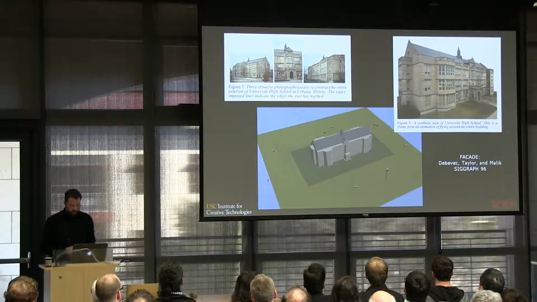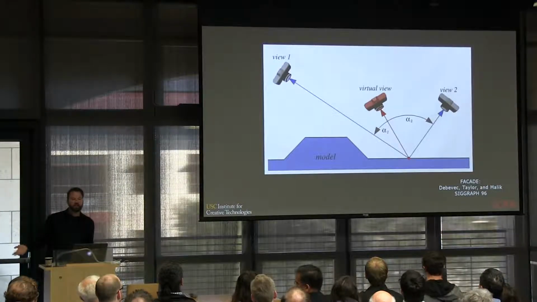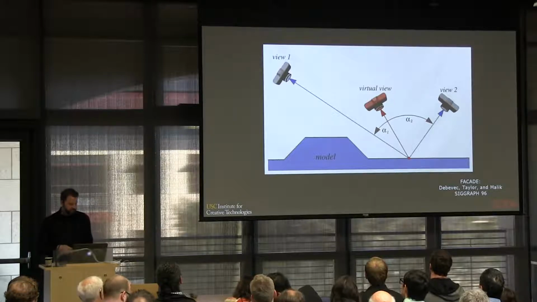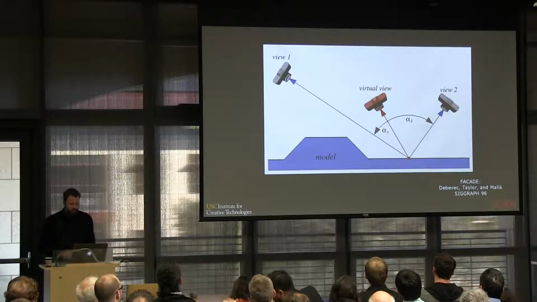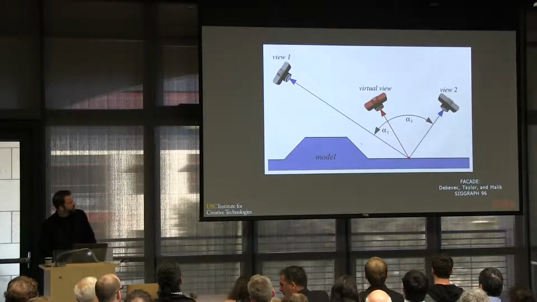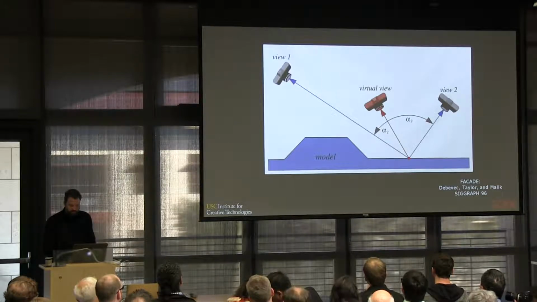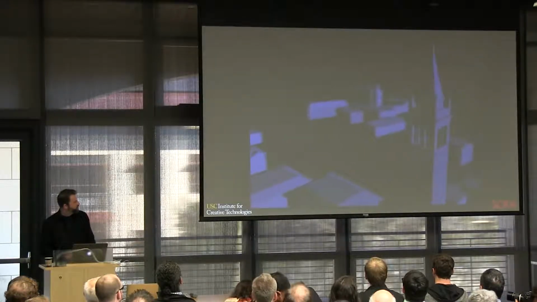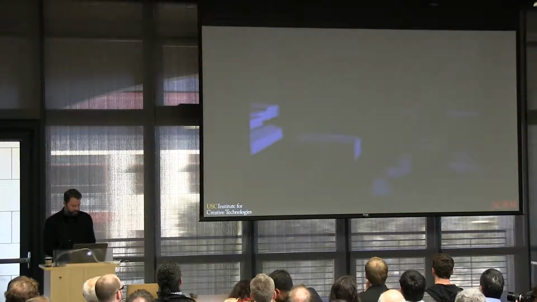And so the idea was to do something that we called view-dependent texture mapping, which is to choose which photos you're mapping onto the architecture, if you have multiple photos of it, based on your viewpoint. And so as a result, you end up with essentially rendering all of the surfaces of the architecture with a sparsely sampled light field.